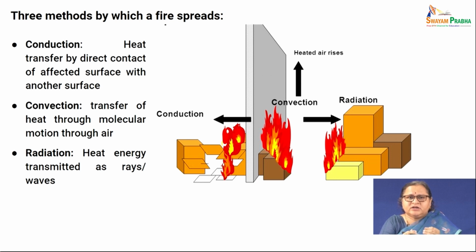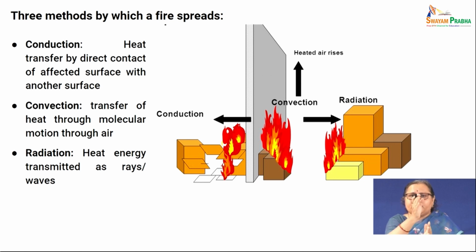So, conduction, convection, radiation are the three ways in which the fire can spread. Why are we doing so? You can see the conduction, there is a barrier. If we want to put a barrier to help stop fire from moving from one space to another space, because we architects understand space, a bedroom to another bedroom, a classroom to another classroom, a clinic to another clinic.